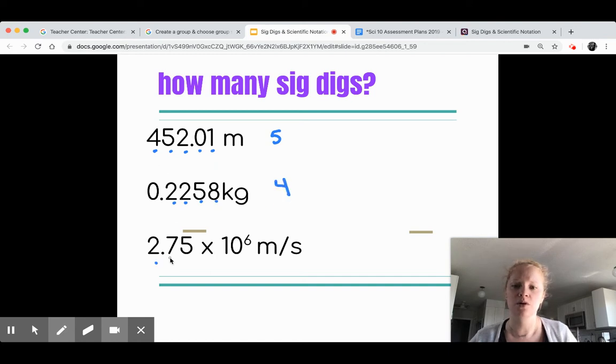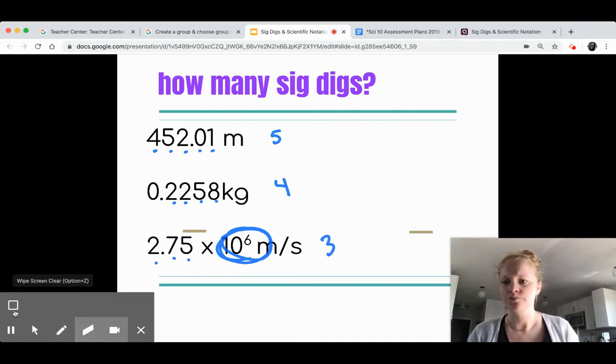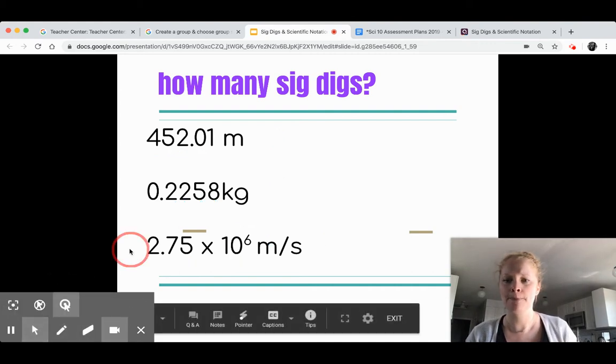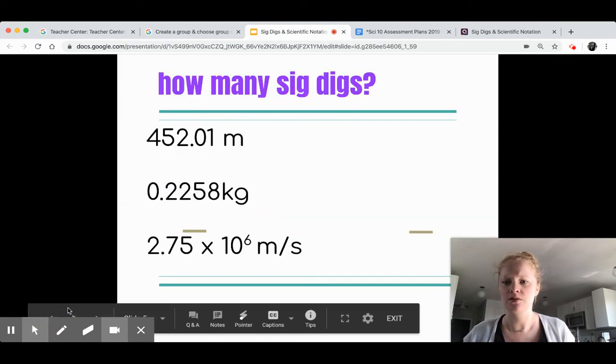And this one, 1, 2, 3 sig digs. We do not count this times 10 to the power of 6. That is our scientific notation that we're going to clarify, but it should look familiar from math class. Oh, I think I skipped a page, didn't I? Nope.